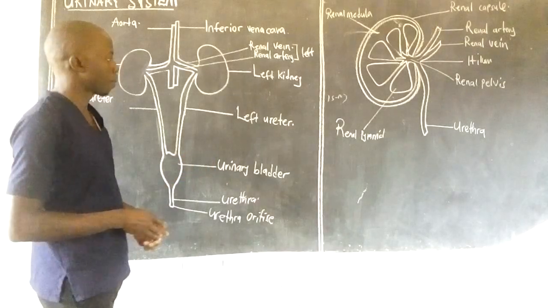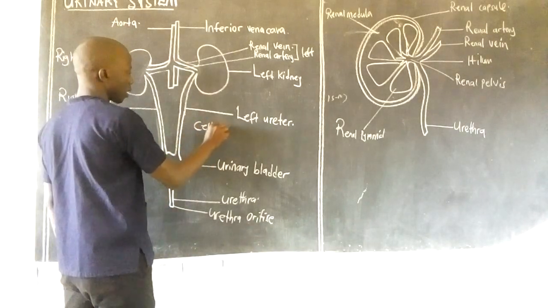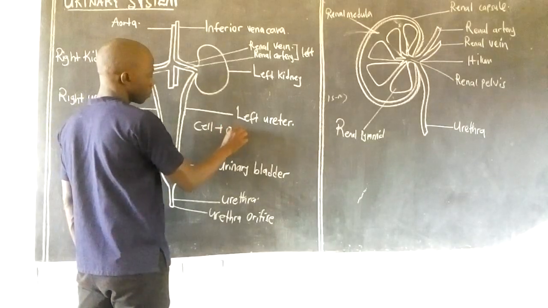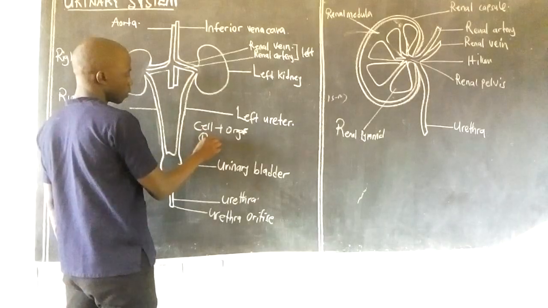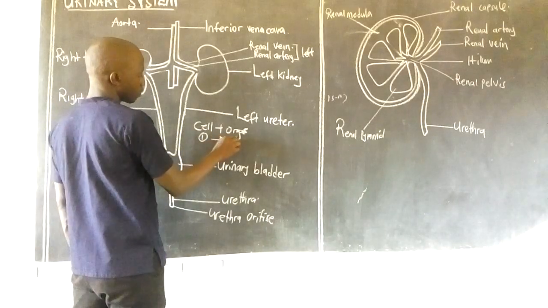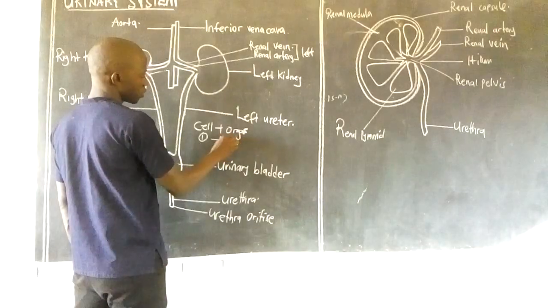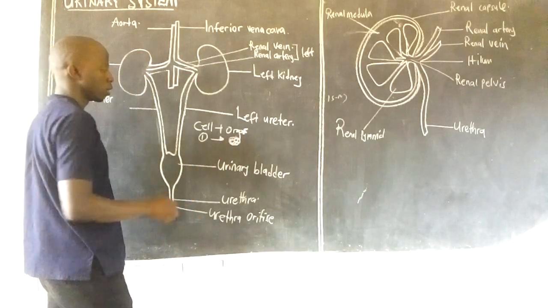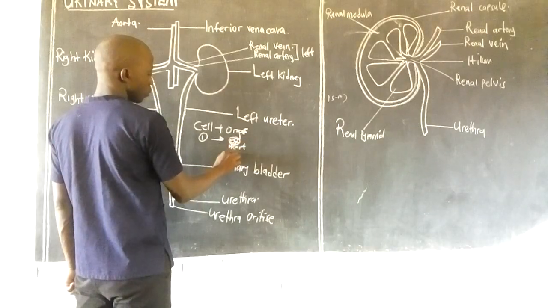From our levels of organization, we said cells come together to form tissues. So we shall have multiple cells which become a tissue, and tissues form organs, which can be the heart, the liver, or the brain.